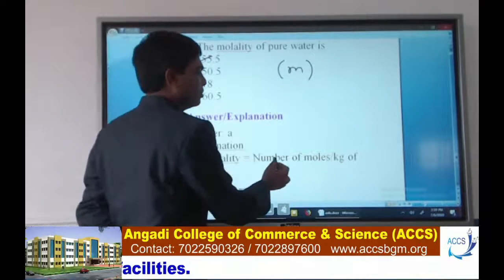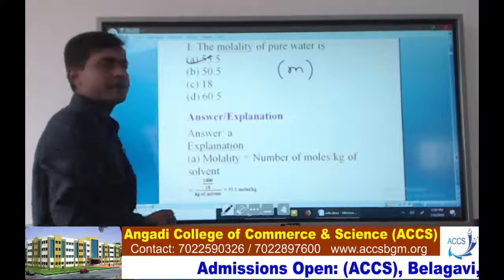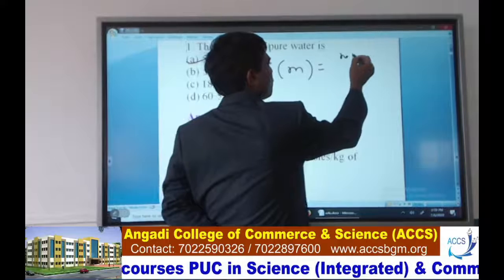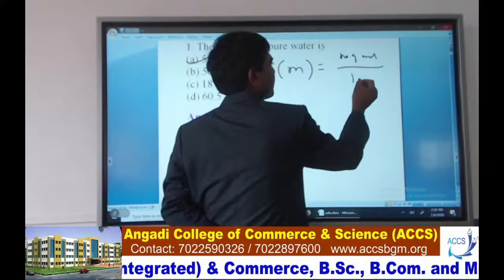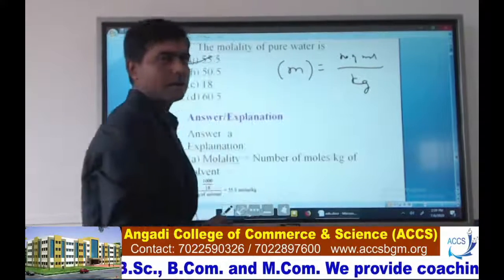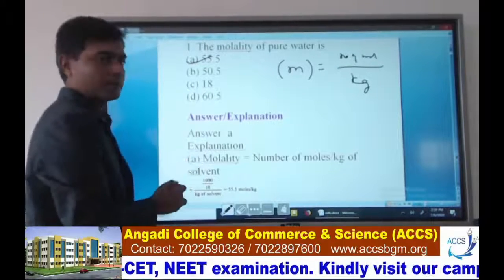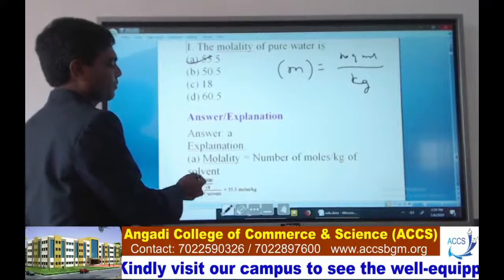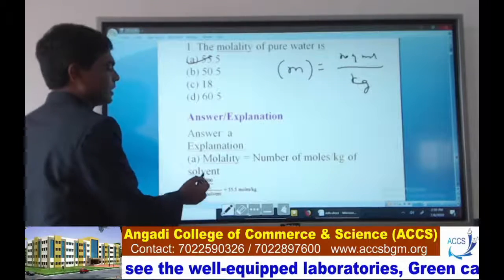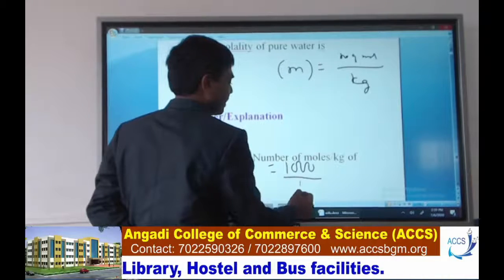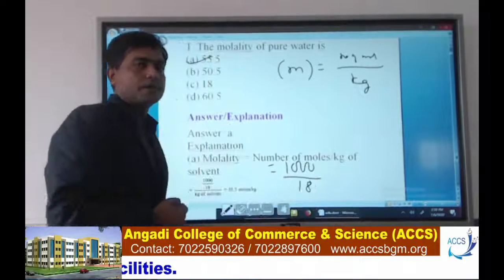Molality is equal to number of moles divided by kg of solvent. I can write here also number of moles divided by kg, which is taken in the grams. And when you substitute that number of moles, you will get the answer. Okay. But how many number of moles? What is the volume? Let's see here. Here he has written is equal to 1000 divided by 18. Why 1000 came?